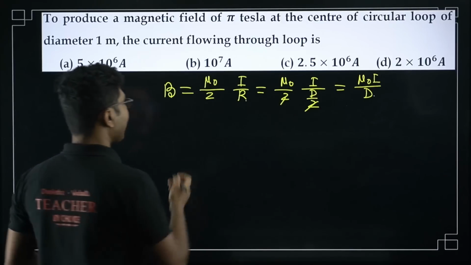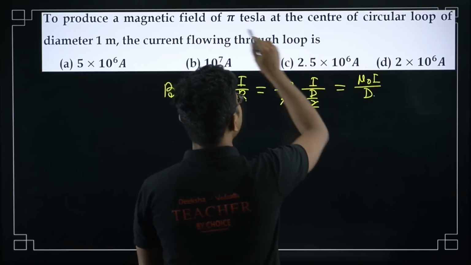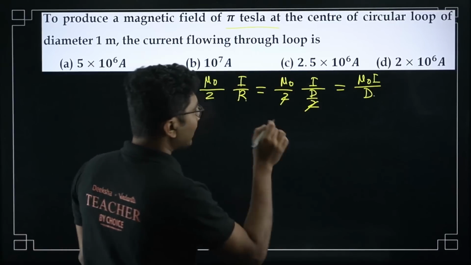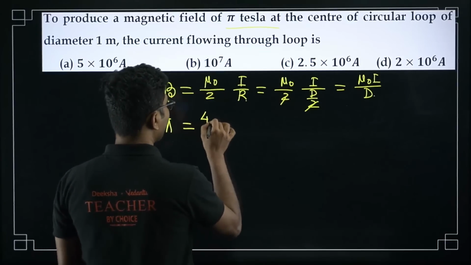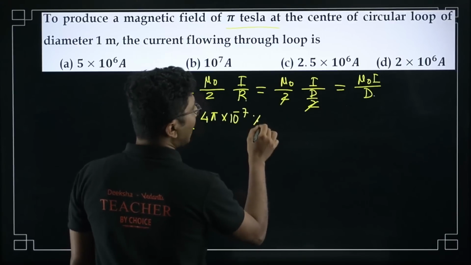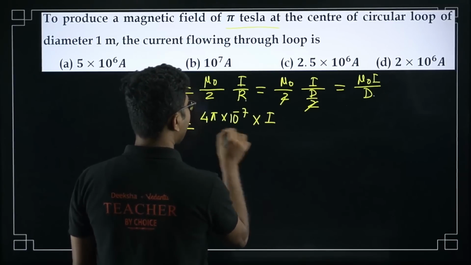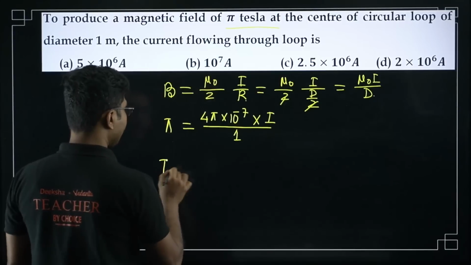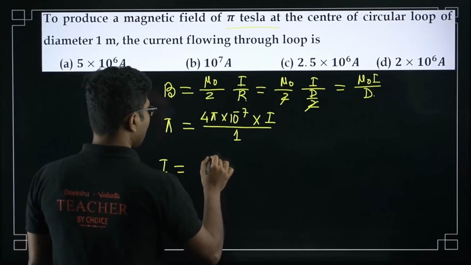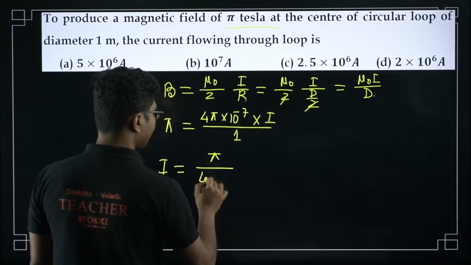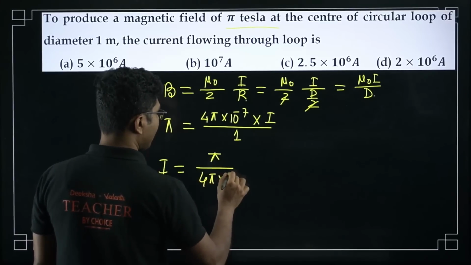Okay, now let's put the value. The magnetic field that we require is pi Tesla. So pi equals, what is the value of mu naught? 4 pi into 10 to the power of minus 7. I we are trying to find, and diameter is 1 meter. So I will be equal to pi divided by 4 pi into 10 to the power of minus 7.